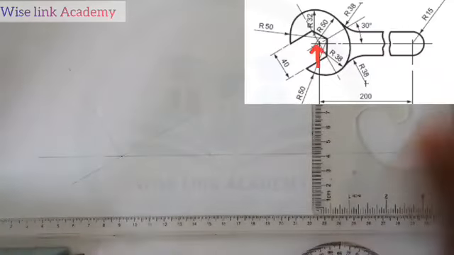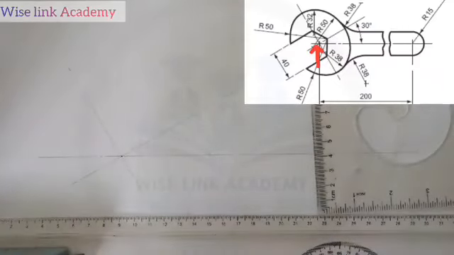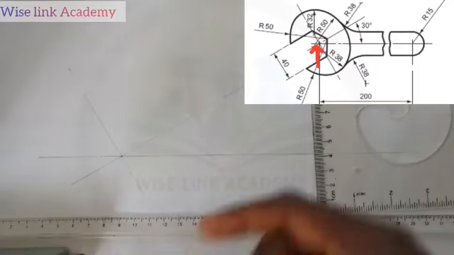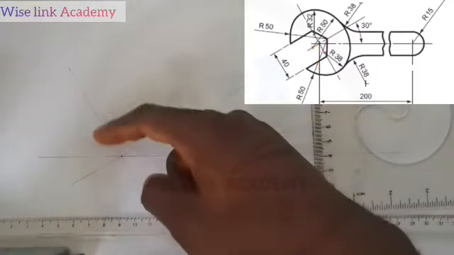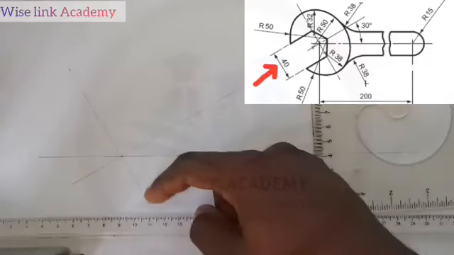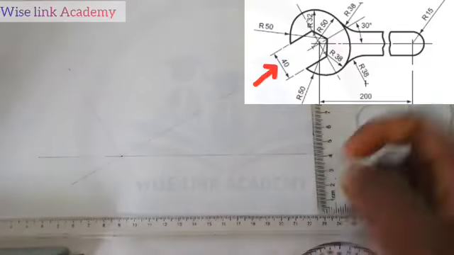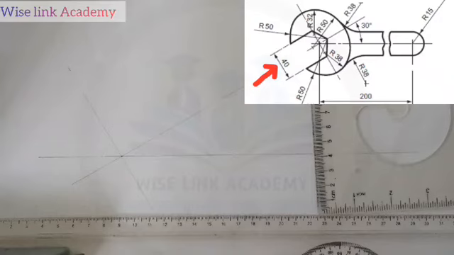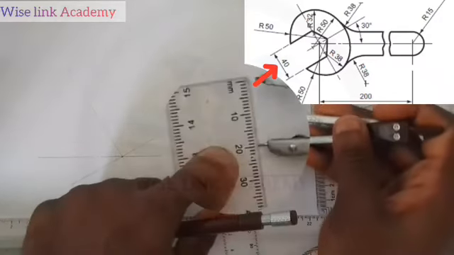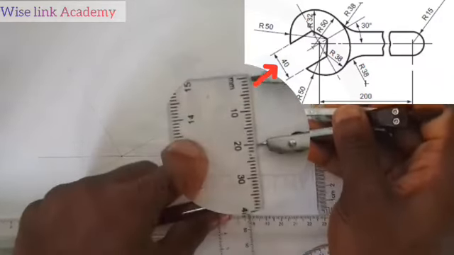Now my next task is that if you observe closely at this point, there is a distance of 40, 20 downwards, 20 upward. If I measure 20 on my meter rule from here to here, it is given to be 20, right?